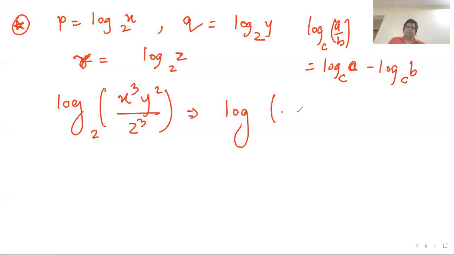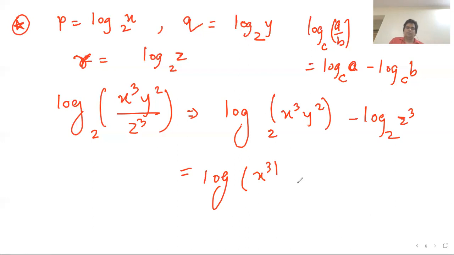So it can be written as log x cubed y squared to the base 2 minus log z cubed to the base 2. Now I can apply the product property on this. So this can be written as log of x cubed to the base 2 plus log of y squared to the base 2 minus log of z cubed to the base 2.